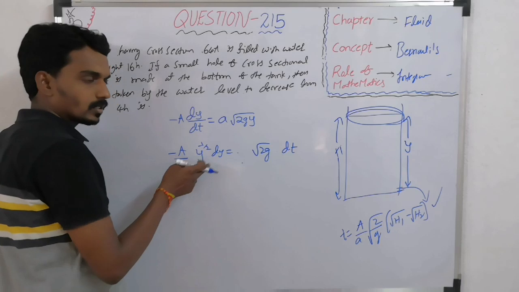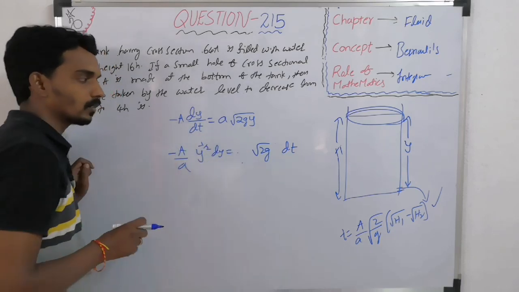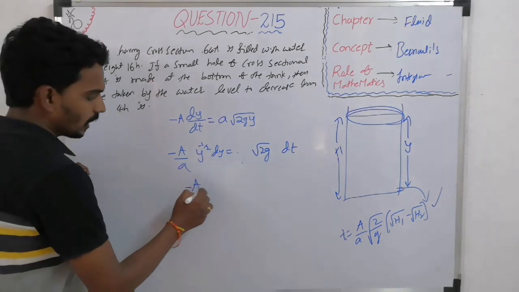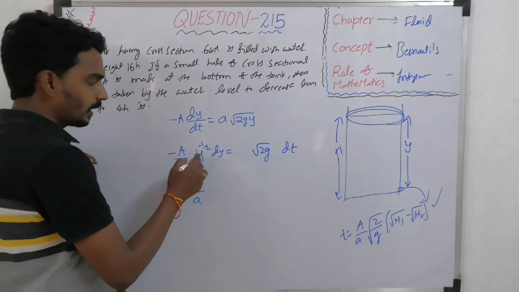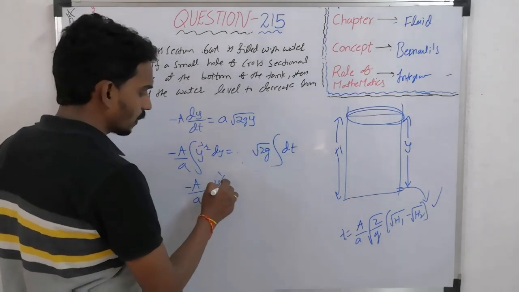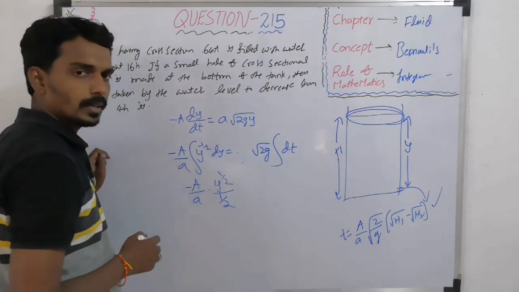Root y I brought this side, so root y means y power 1 by 2; taking it to the numerator, y power minus 1 by 2. Now minus a by A, if you apply integration on both sides, it will become y power 1 by 2 by 1 by 2. Now what are the limits?